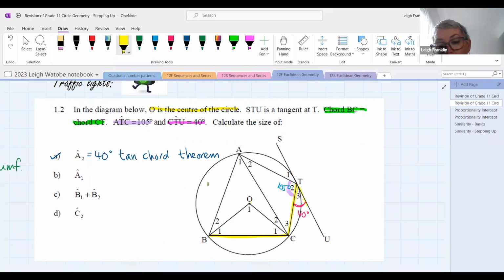Here's your tangent, TU. T is the point of tangency. Here is your chord, and your chord subtends angle A2 at the circle. So that's where it comes from. It's because of tan chord theorem that A2 is equal to 40 degrees.